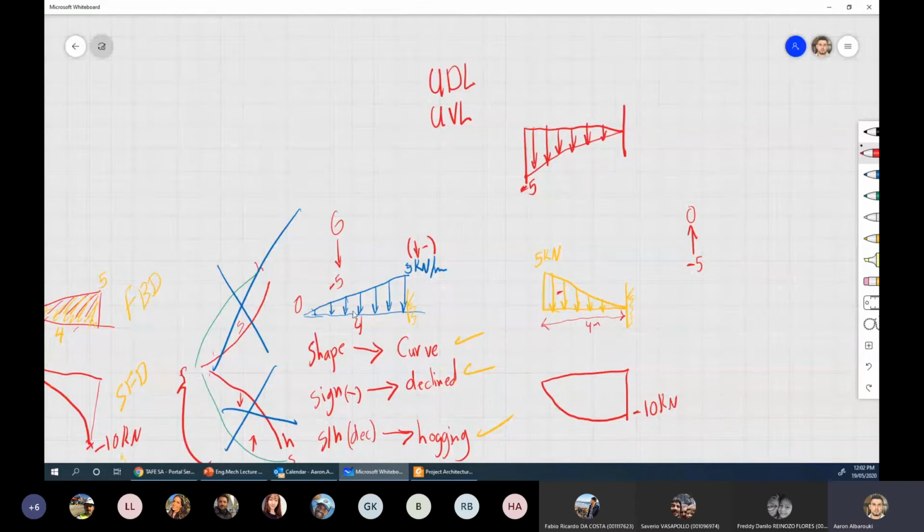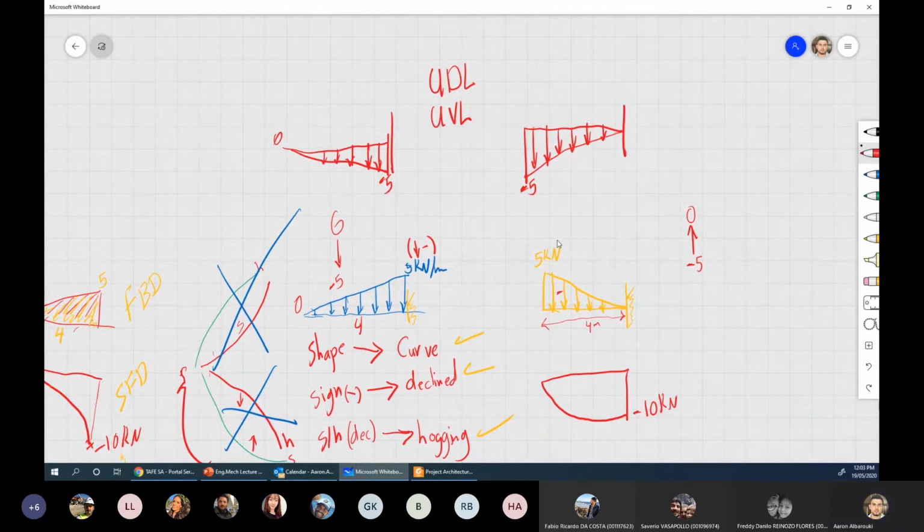Or this one, for example, you can draw it like this, 0 to -5, if that will make it easier for you to visualize it. So you're saying here, my value of the force is decreasing, my value of the force is increasing. Draw these forces if you'd like on the underside of the beam, which is, with time, you will be able to visualize it straight away looking at it normally.